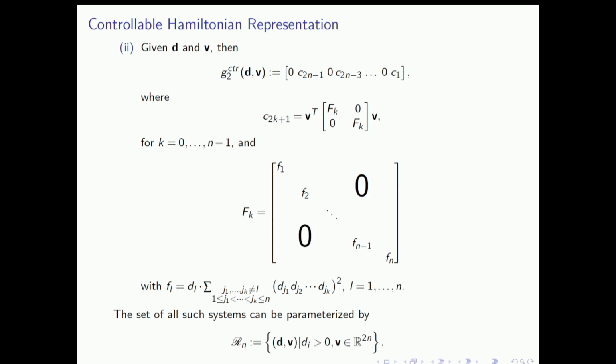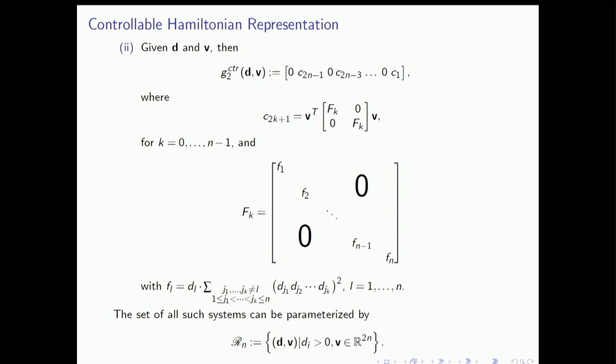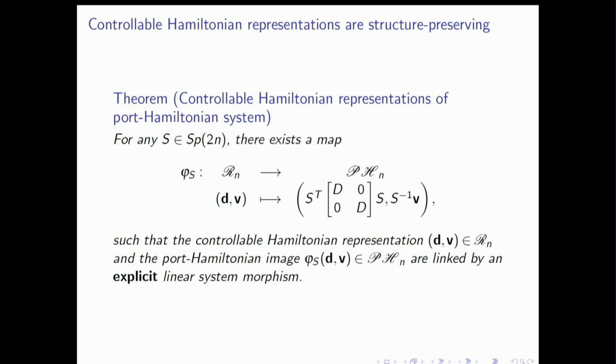So now I'm going to tell you why I care about this reparameterization, because given any D and V, I can give you a system like that. So why do I care about such a representation? Because I can prove a theorem. The theorem says that for any S, give me any symplectic matrix, there exists a map from any D and V to some power Hamiltonian system, so that they are linked by an explicit system morphism.